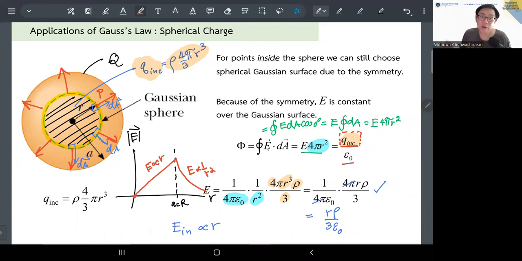When you're standing at the center of the Earth, you have zero gravity. If you walk away from the center, the gravity increases until you reach the surface of the Earth. Once you lift yourself away from the surface, the gravity dies down as 1 over r squared as well. Isn't that cool?